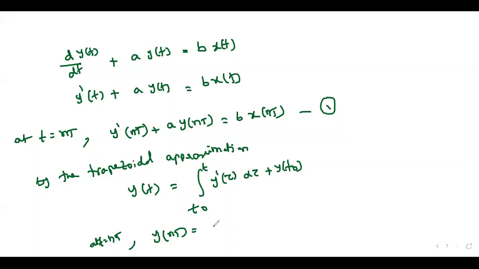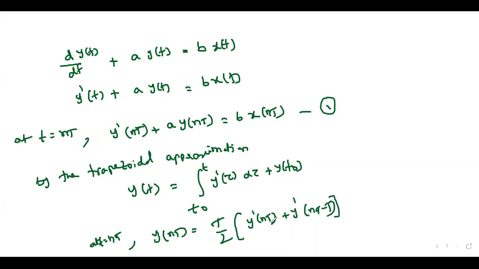If you take samples, this integration will go to a summation, but here it is y dash of tau. So we'll take it within the limits, the summation of this y dash of tau. That is the average, t by 2 into y dash of nt plus y dash of nt minus t.